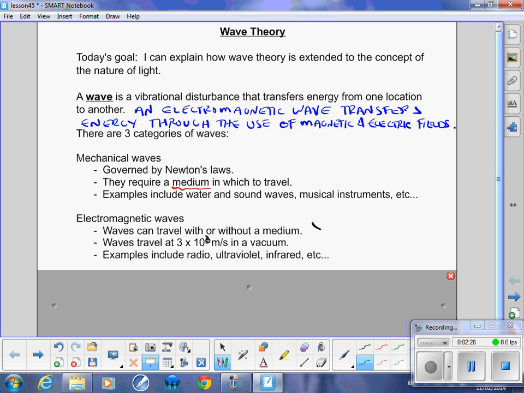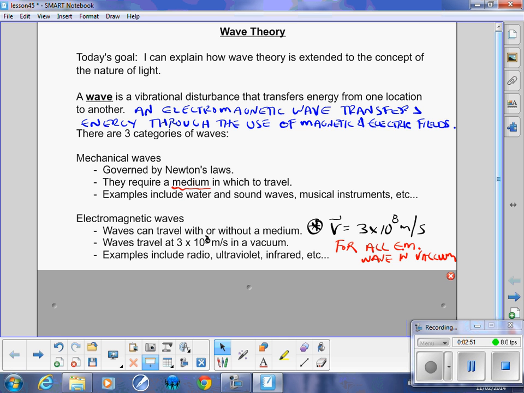So the velocity should read 3 times 10 to the exponent 8 meters per second. And that's for all EM waves, electromagnetic waves, in a vacuum.